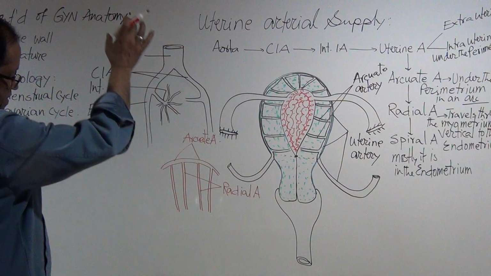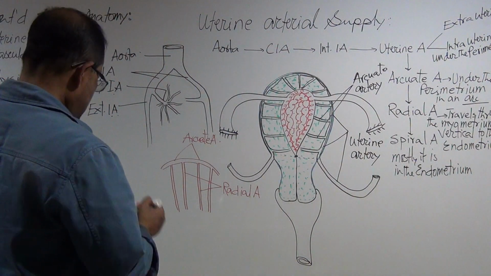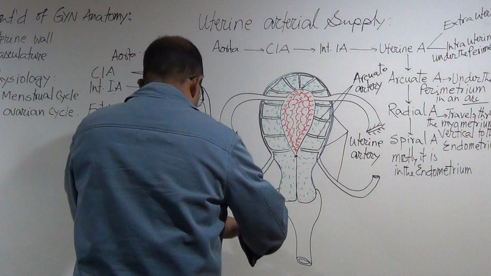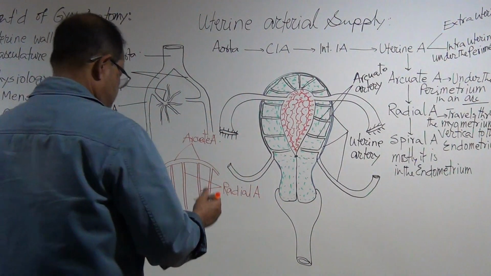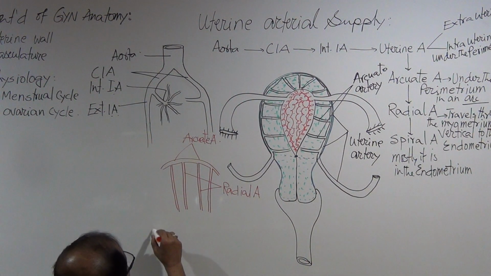Radial artery directly travels through the myometrium towards the endometrium, and this is endometrium. So this is endometrial bed.